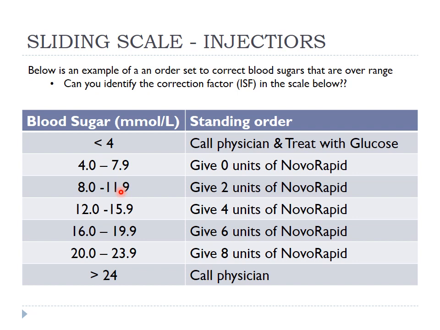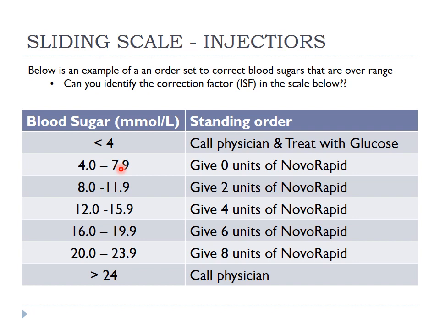The very first one here is between 4 and 7.9, or between 4 and 8, give nothing. So right there, that's the range that the doctor wants this patient to be at, between 4 and 8.